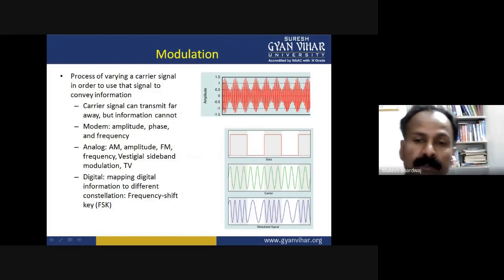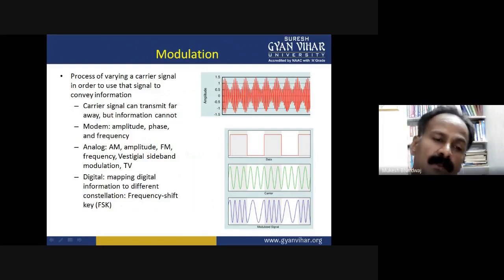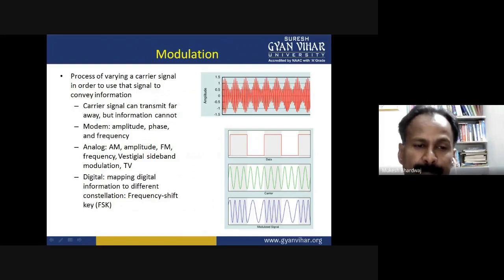According to the carrier signal, we modulate the original signal, and the modulation is based on amplitude modulation, phase modulation, or frequency modulation. In analog: amplitude modulation AM, frequency modulation FM, vestigial sideband modulation. Digital: mapping digital information to different constellations, frequency shift keying, QPSK, FSK, PSK.